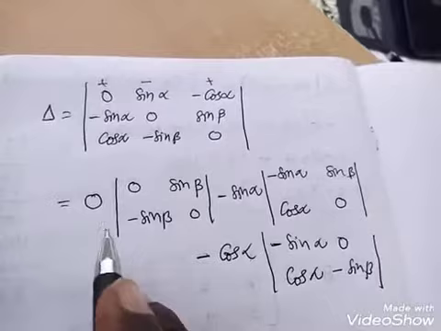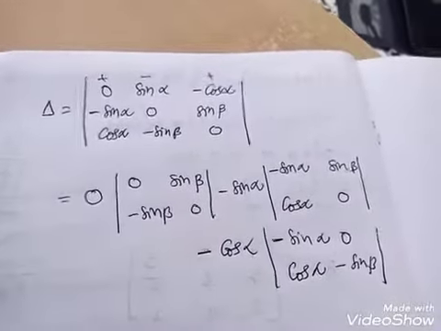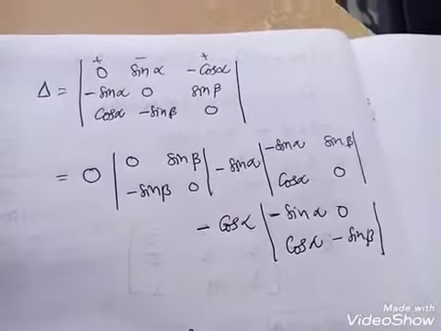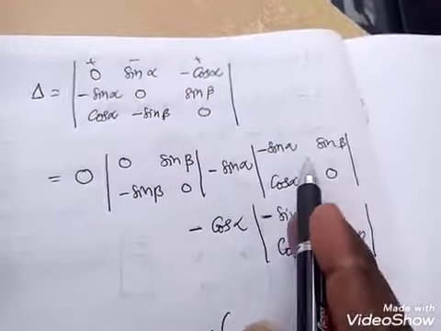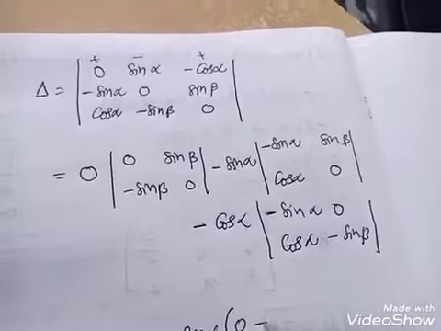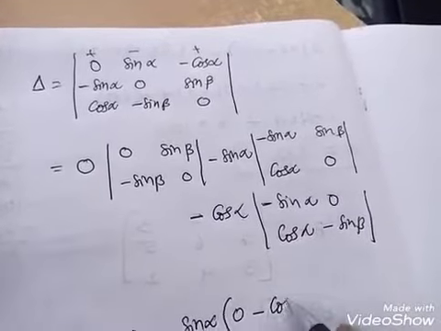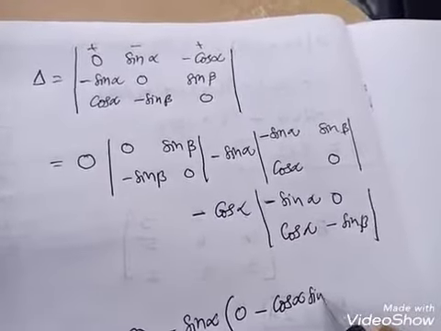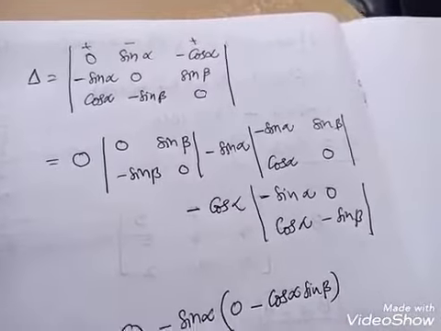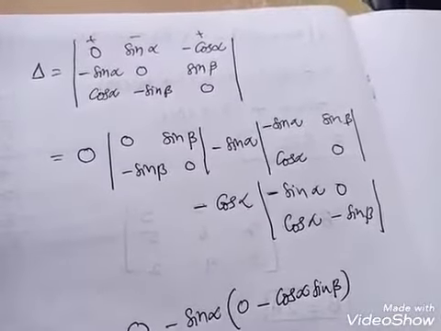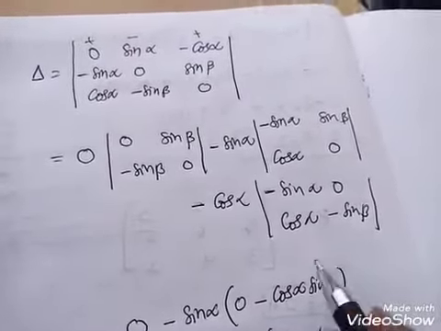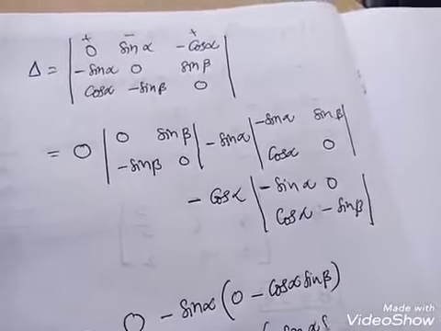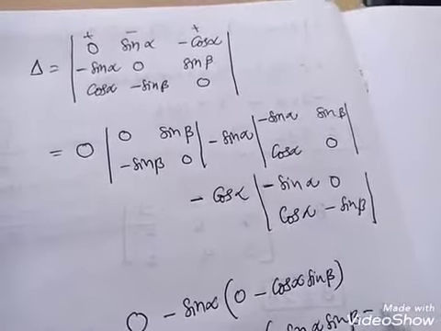Now this is equal to what you are going to get directly: 0 into something, 0, minus sin alpha into, expand that one, sin alpha into 0, 0 minus cos alpha sin beta, and minus cos alpha into minus sin alpha, minus into minus, plus sin alpha sin beta minus 0.